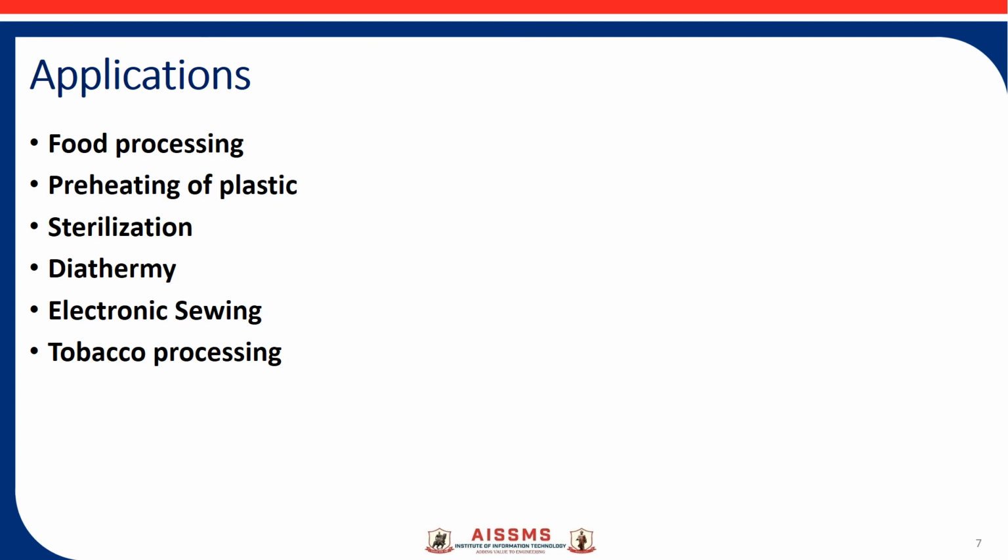As we know, the material with plastic films cannot be joined with ordinary stitching, so the heat is applied over specific areas, and the sealing is done because of dielectric heating. In tobacco processing, the tobacco is to be heated at specific temperature, so dielectric heating is very useful in such cases. So this is about applications of dielectric heating.